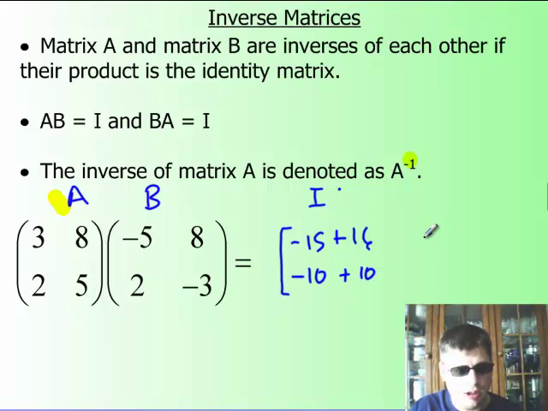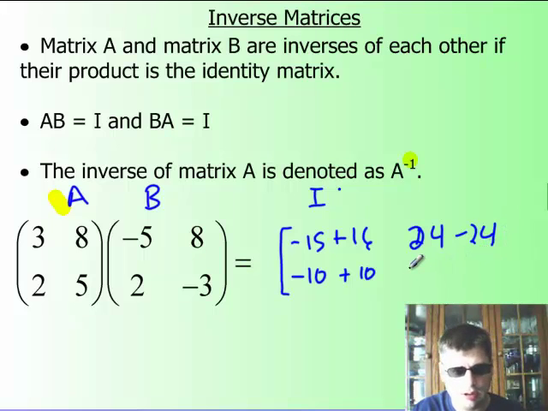Next, 3 times 8, which gives us 24, and 8 times negative 3 gives us negative 24.